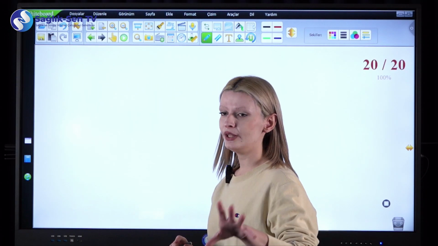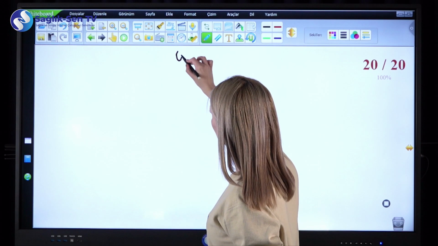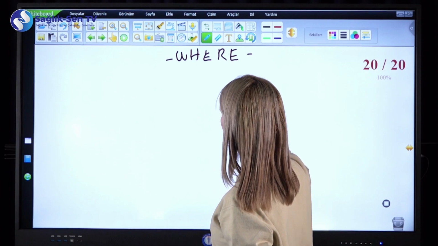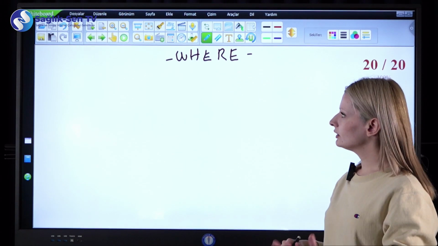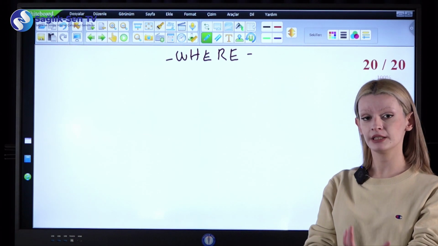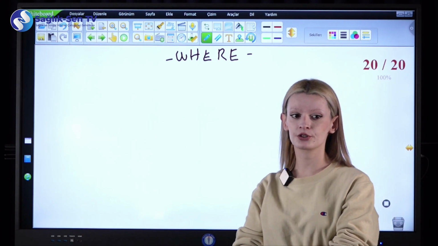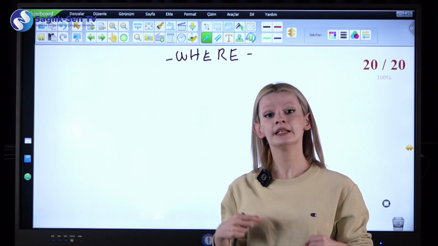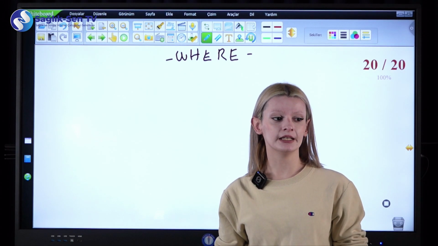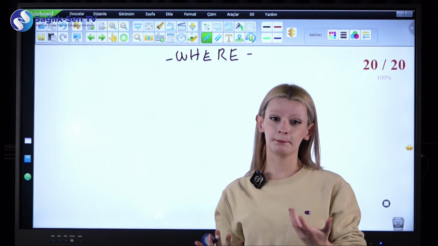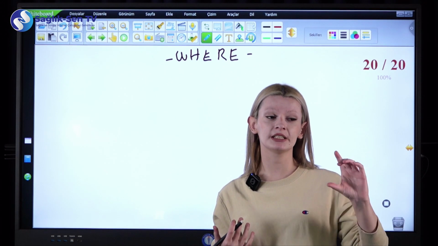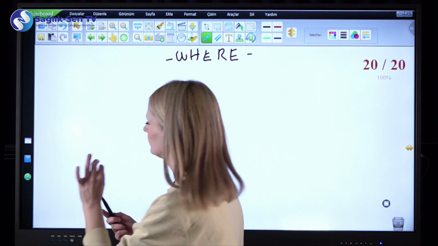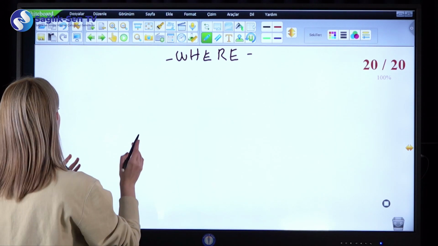And now we have where. We are going to define places. We are going to give extra information about places, or we are going to combine sentences that have place meaning. But I'm not talking about the subject position, we're talking about literally the place meaning.